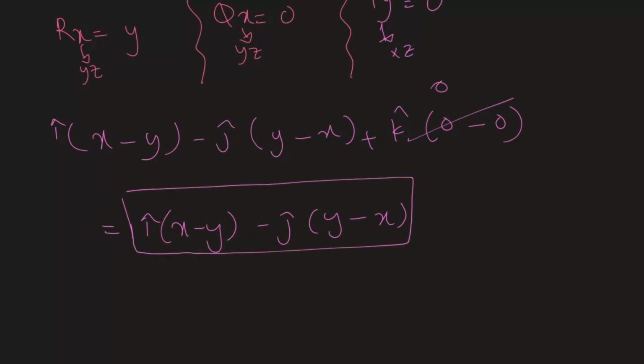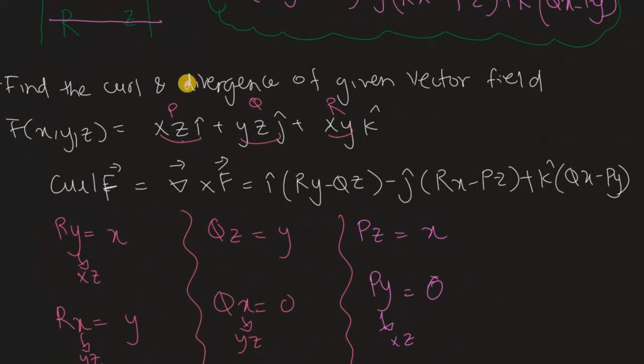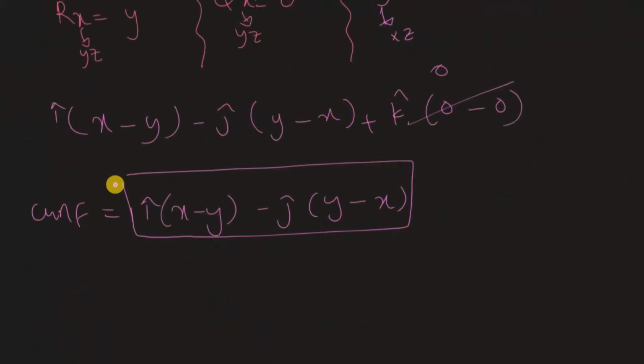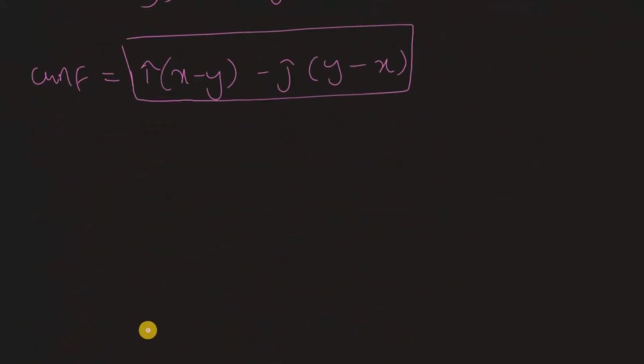Okay, and now this was only for curl of f. We still need to find the divergence of f. Okay, divergence. So let me explain how to find the divergence. To find the divergence of f, you simply need to dot product the gradient with the function f, right? And the function f is in the form of p, q, r, remember?